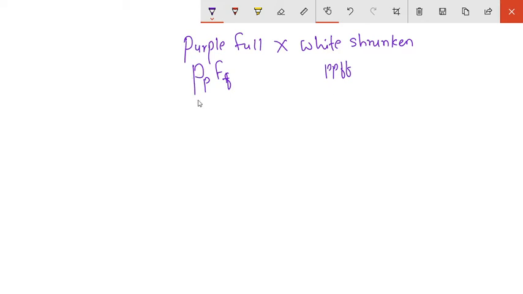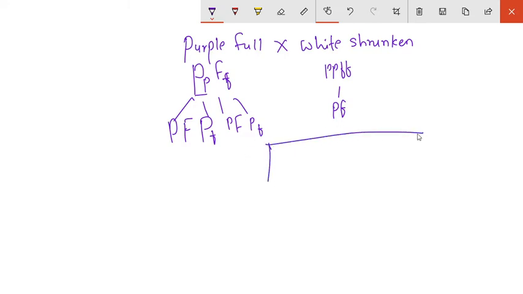Okay, so it produces the 4 different types of gametes. Here capital P, small p, capital F, small f, and the recessive parent produces only one type, small p and small f. Okay, so they produce the progenies.